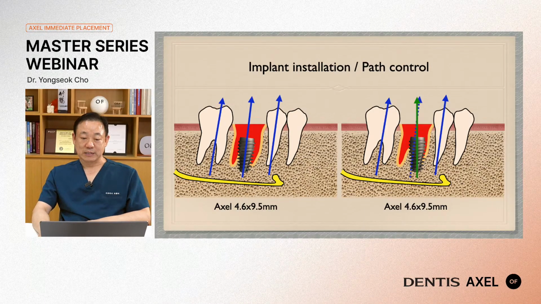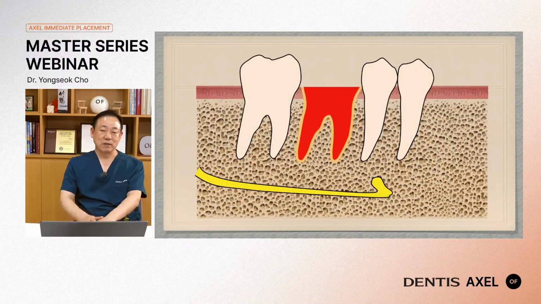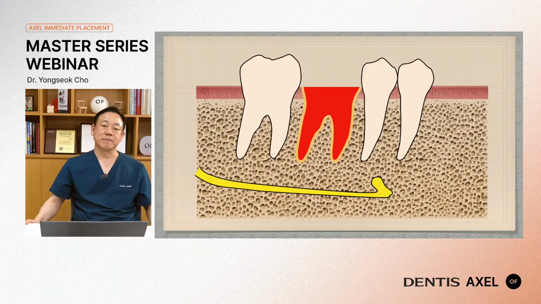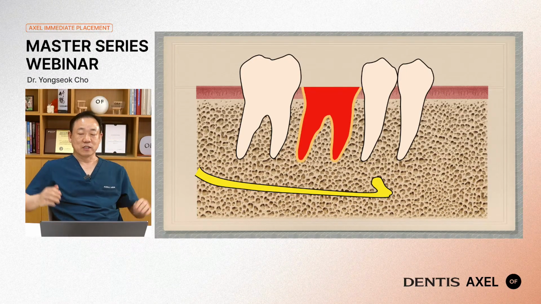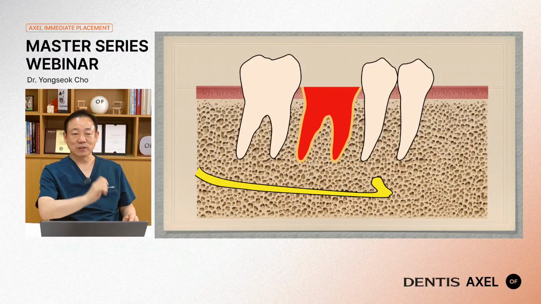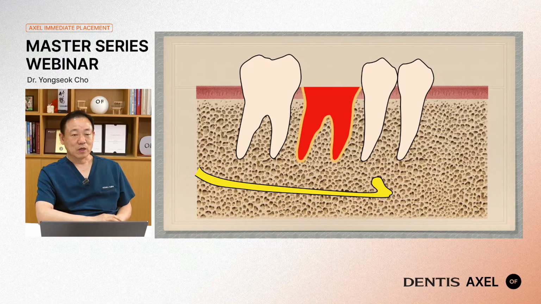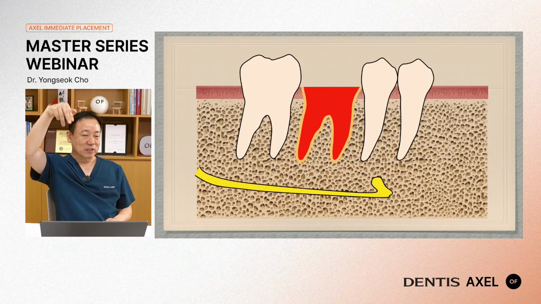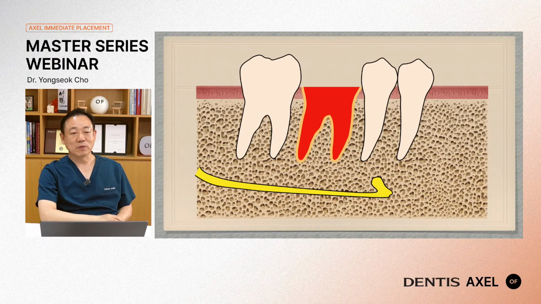Okay, like this. The drilling tip: when we extract the first molar, the septum generally exists at the center. It is not strong generally. It is a very weak and narrow septum. So positioning the drill at the exact center of the socket is not easy.